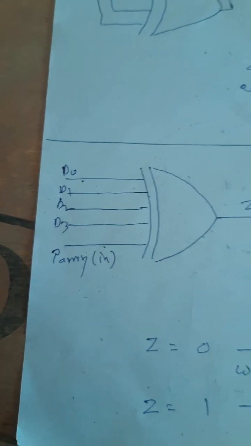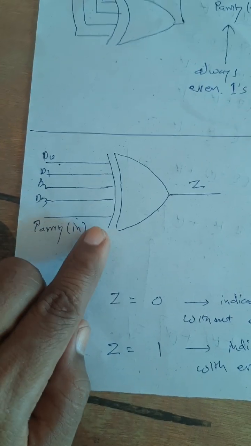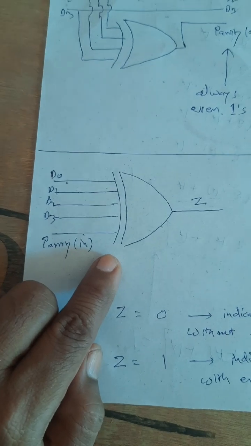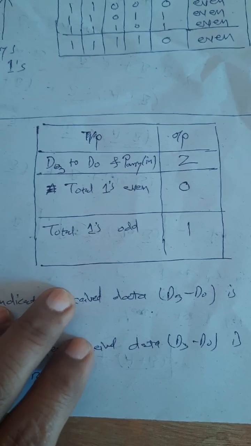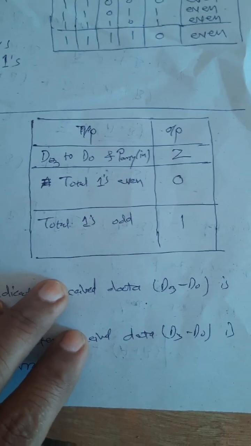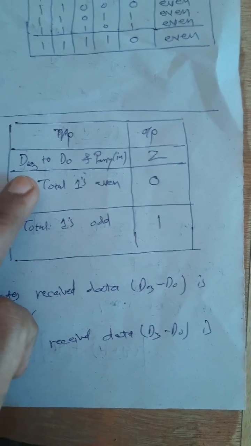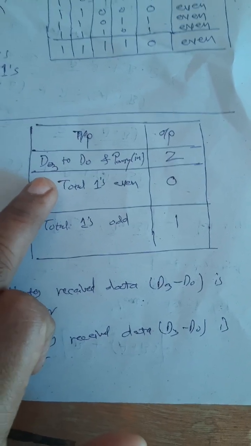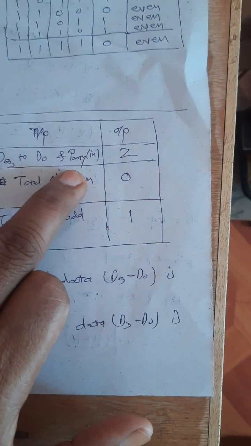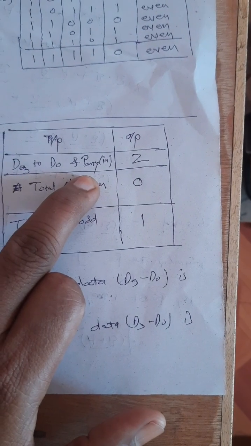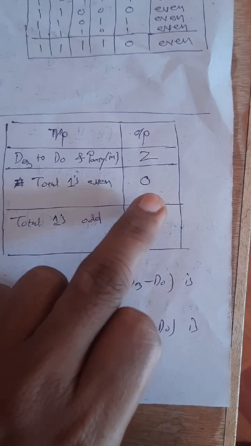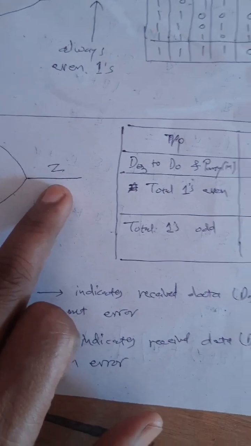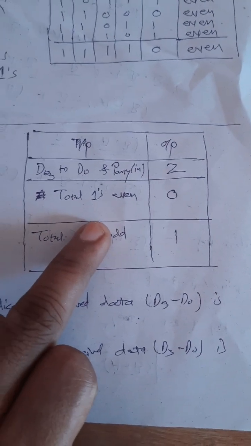For that, we have to think about this 5-bit XOR gate. Now, what happens in this case? You will observe in the truth table you have already prepared as homework that if the number of ones in D3 to D0 and parity is even, then the output will be 0, and this 0 output indicates that the data received is the proper data.